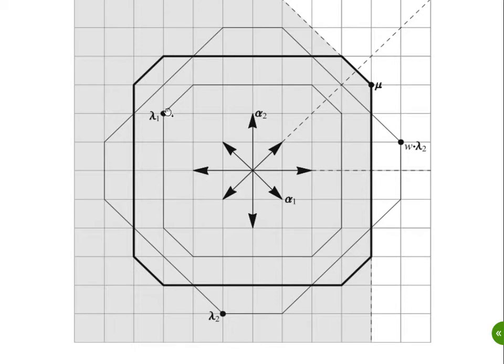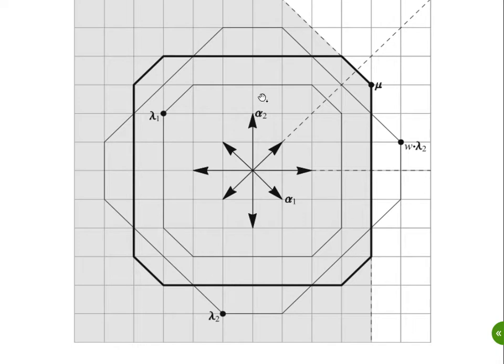And consider mu 2. Oh, by the way, these gray areas are the elements lower than mu. Let's see mu 1. The convex hull of the Weyl group orbit of mu 1, we can go from here to there and then like that, so we get an octagon.